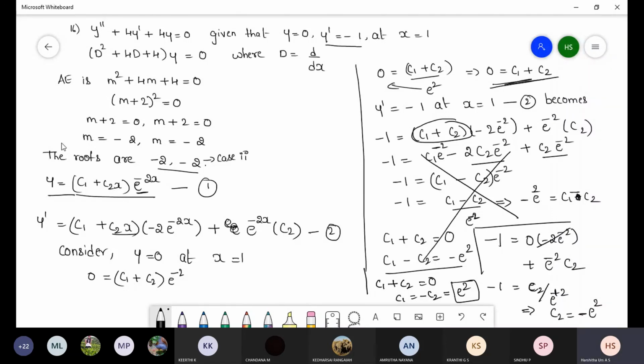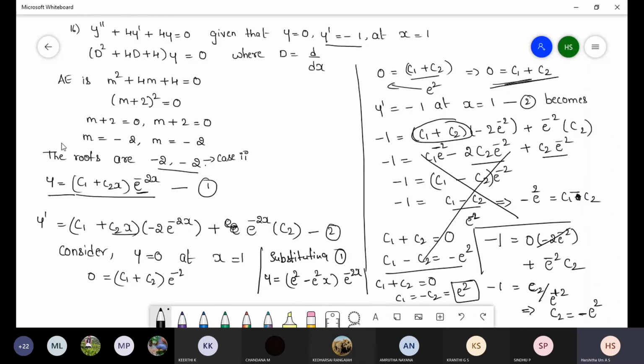Now substituting these two values in equation 1, y is equal to C1, which is e square, plus C2 x, which is minus e square x, into e power minus 2x.